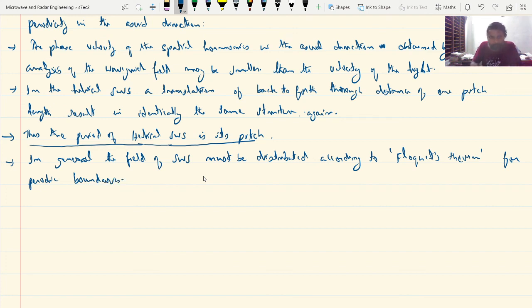This Floquet theorem I will explain in the next video lecture. It is normally stated as: the steady state solution for the electromagnetic field of a single propagating mode in a periodic structure will have the property that fields in adjacent cells are related by a complex constant.